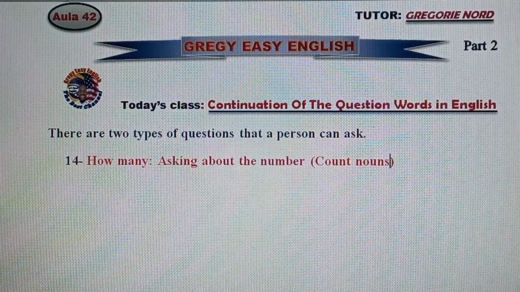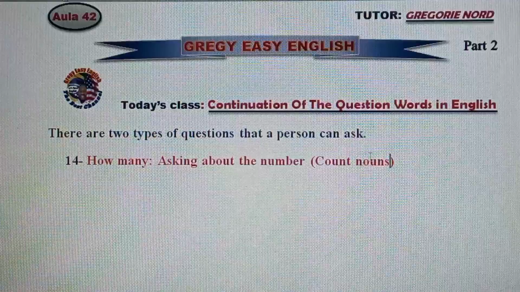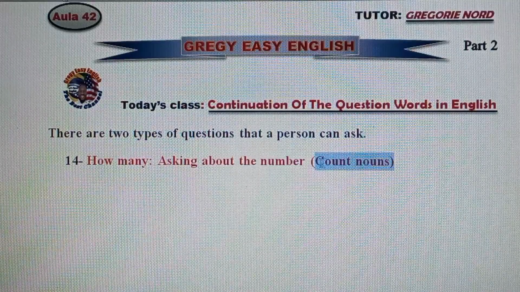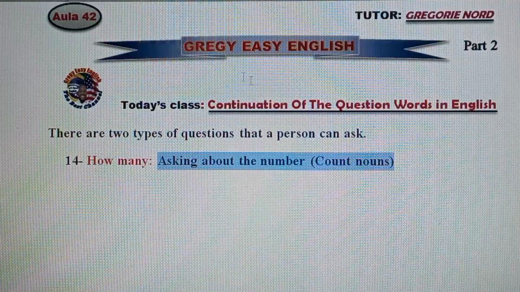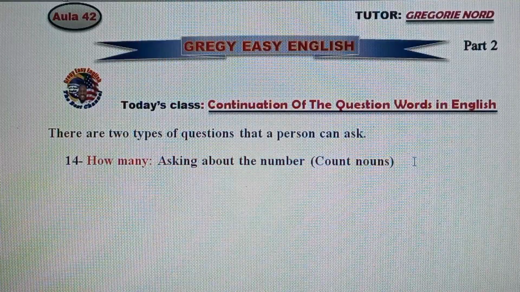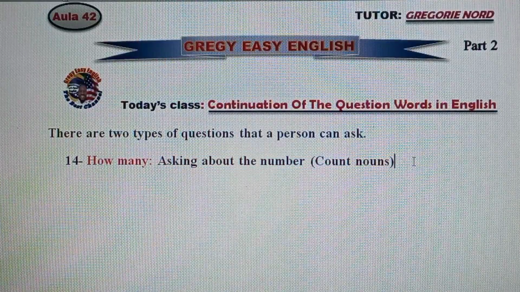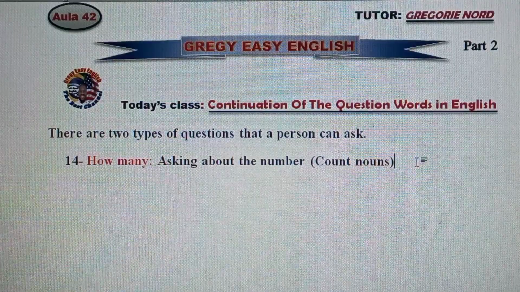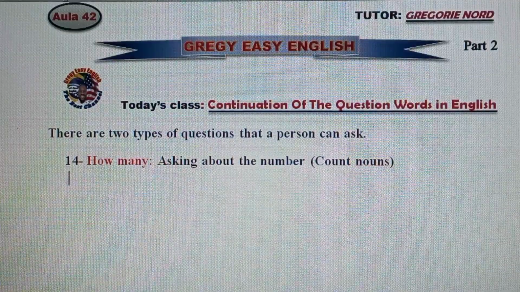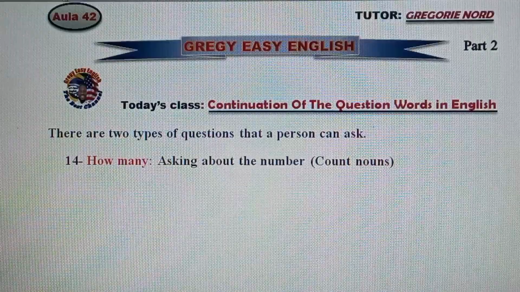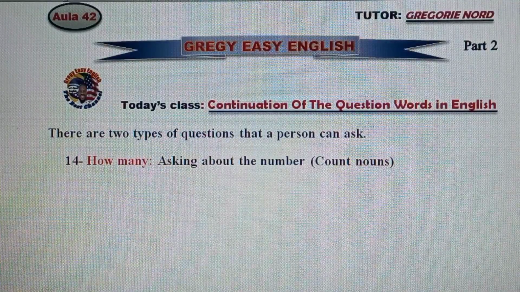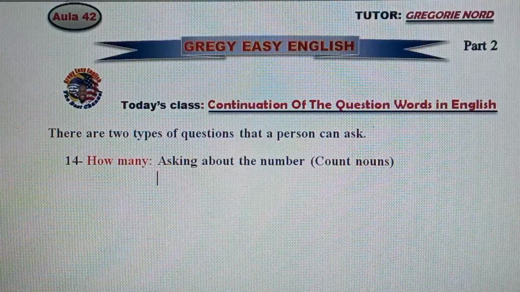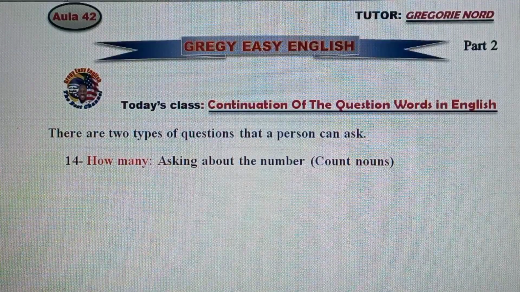Count nouns. Eu vou explicar, pessoal. How many? Asking about the number. O que significa how many asking about the number em português?